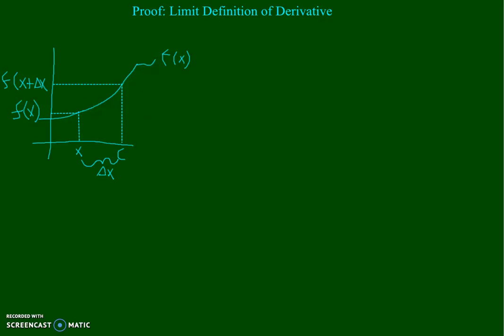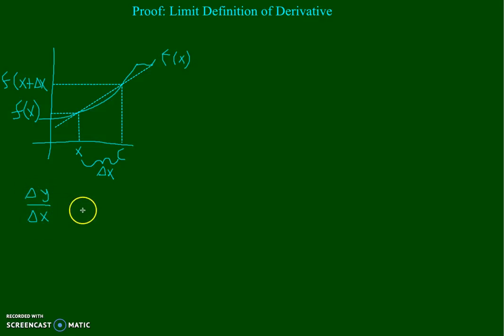Now we can talk about the slope of a line along this curve. Let's talk about the slope of the secant line along this curve. So let's take a line, and draw it like this. So here's a secant line connecting these 2 points. Now, if I want to look at the slope of this secant line, we know that slope in general is the change in y over the change in x.